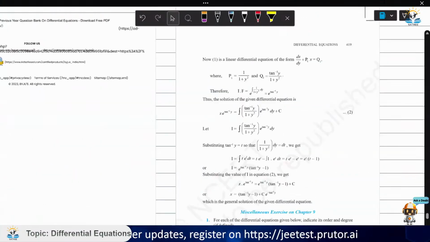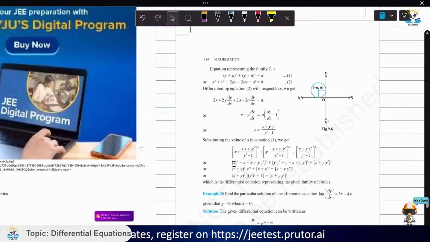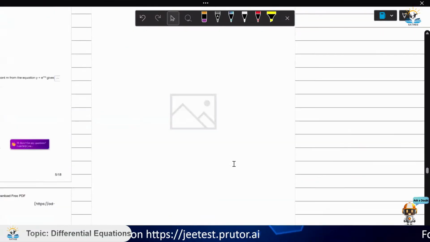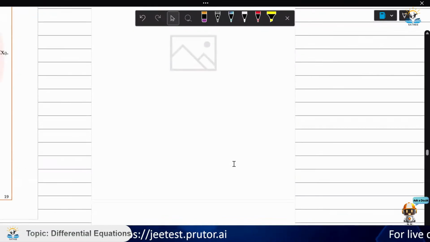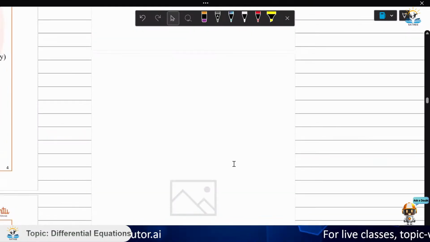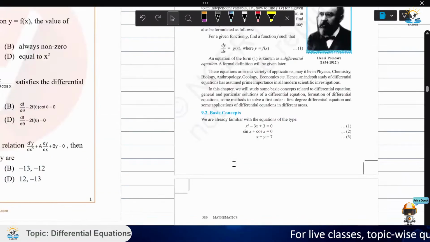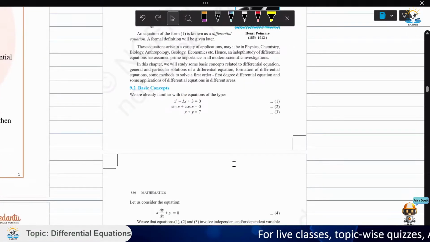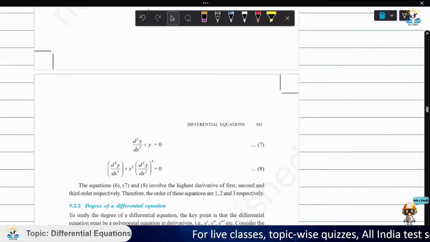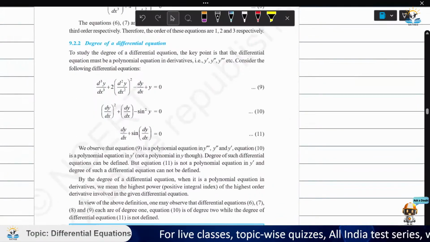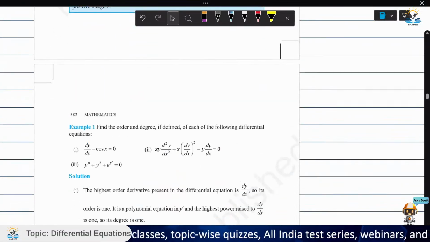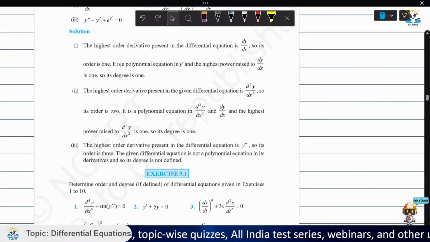Okay. So here is the part that I wanted to talk about. Let's see what it says. Yeah, so this is the NCERT and we look at the topic that we missed while discussing differential equations. We discussed what order and degree look like, right?